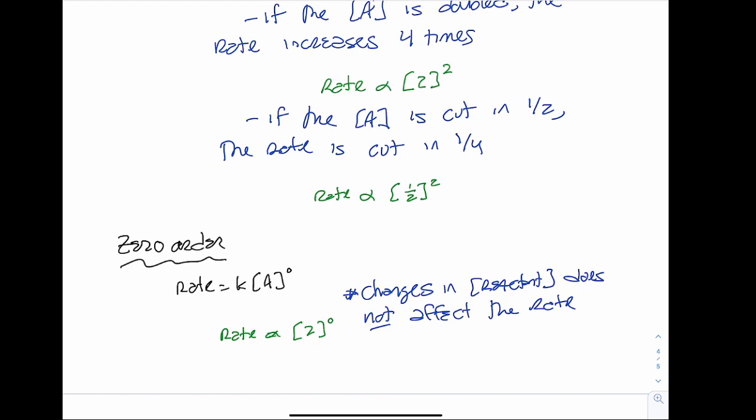So if something is zero order, changes in concentration do not affect it. And we could go on. Third order is pretty uncommon, but same idea. If I was to then double the concentration, my rate is actually going to go up 8 times because 2 raised to the 3rd power is 8. So it tells us again how sensitive that rate is to changes in concentration.